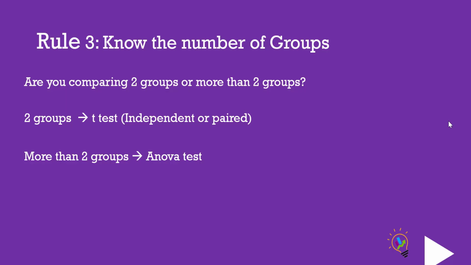So basing on the number of groups, the type of test will change. Exactly two groups, independent t-test. More than two groups, ANOVA test.